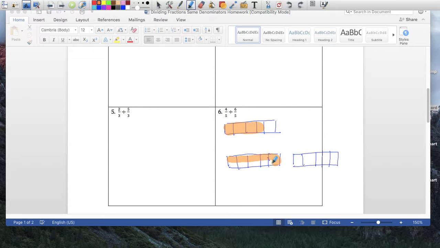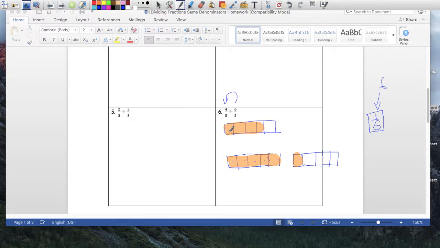Imagine this is a 5th right here, right? 1/5. So 6/5 means I need 6 of these, and this is exactly what I have. 1, 2, 3, 4, 5, 6. So how many times can 6/5 fit inside 4/5?